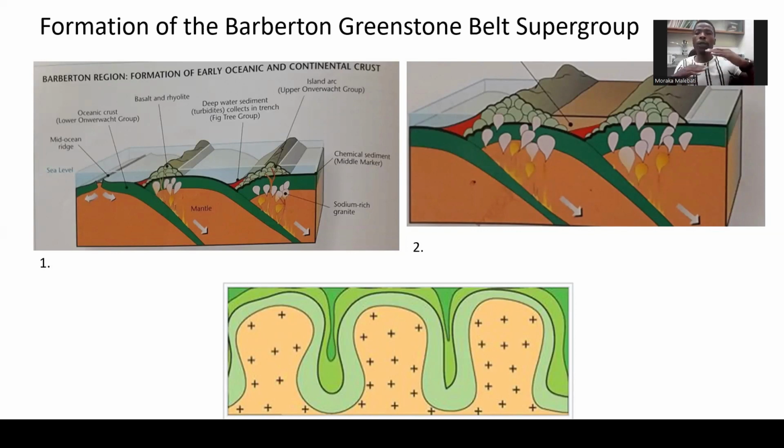But between lower and upper Onverwacht, we've got the metal marker, iron oxide and silica-rich sediments. Now I want to explain to you why we are having that kind of stratigraphy. All right, the secret lies in its formation. So basically everything started right here.